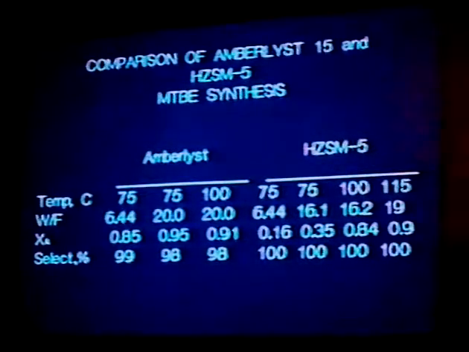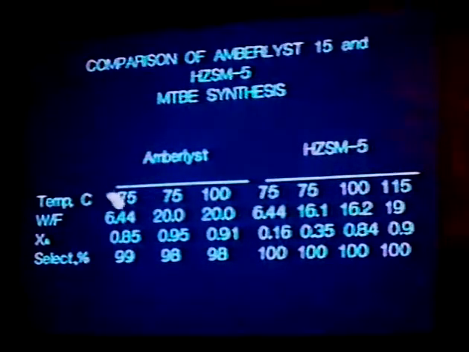This represents a several-fold difference in activity, with the resin catalyst, of course, being about 5 times more active than the zeolite. The selectivity at these conditions was high for both, 99 versus 100.